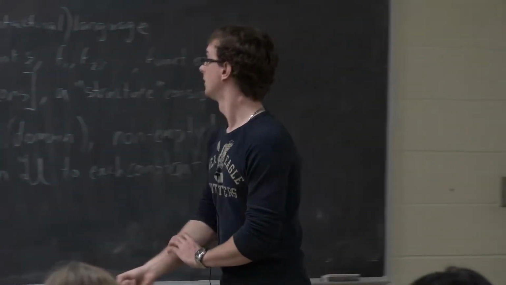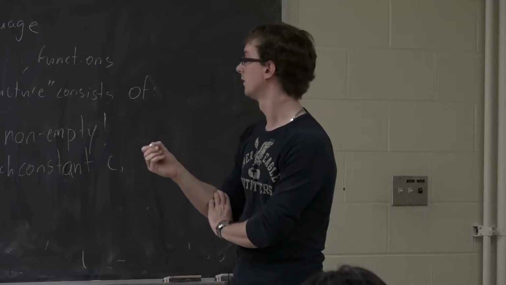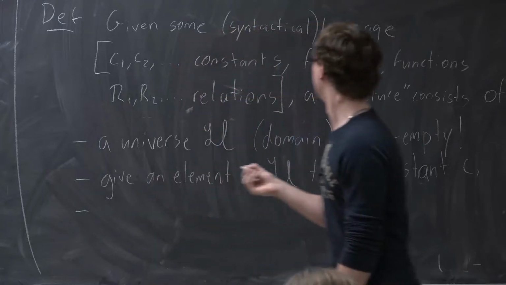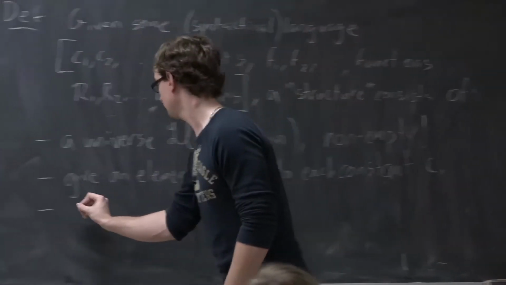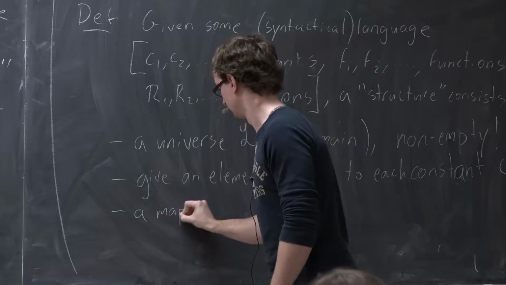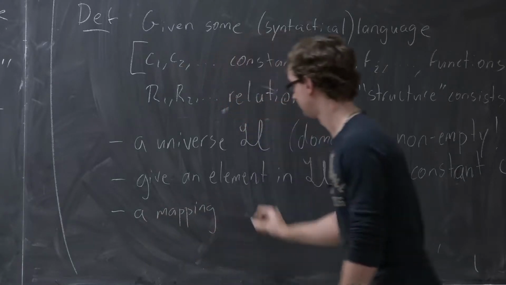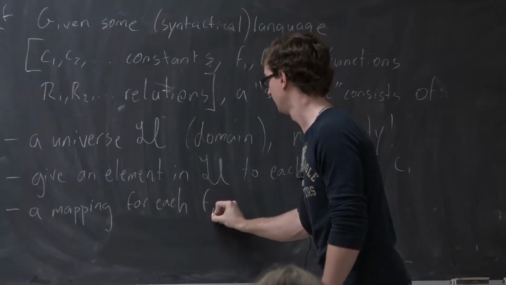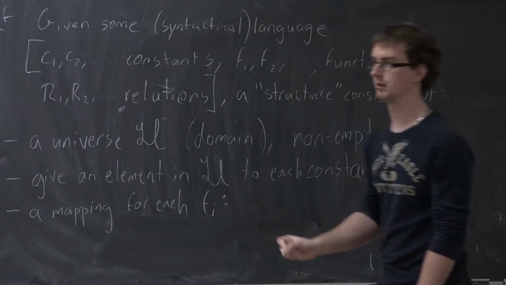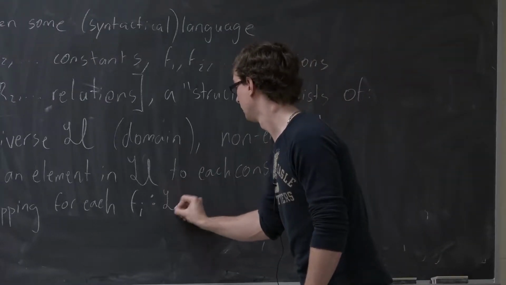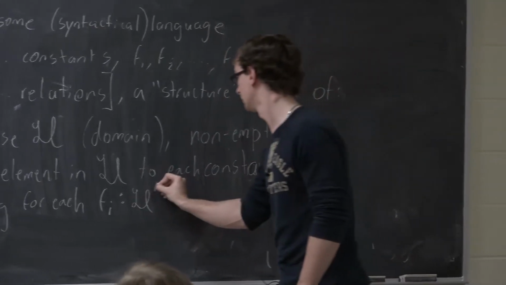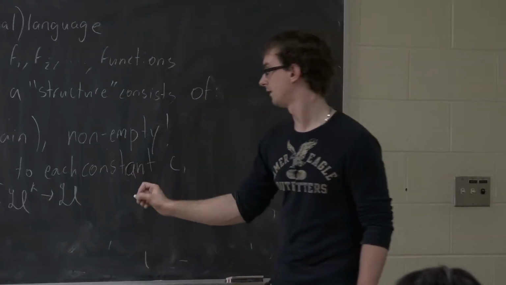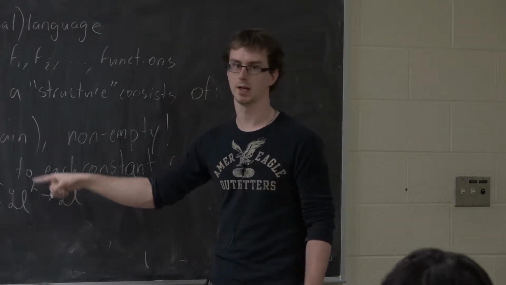The next thing we have to do is say what all of our functions are doing. So the structure consists of a mapping for each function, and this function is going to map from elements in our universe to other elements, where fi is a k-dimensional function.